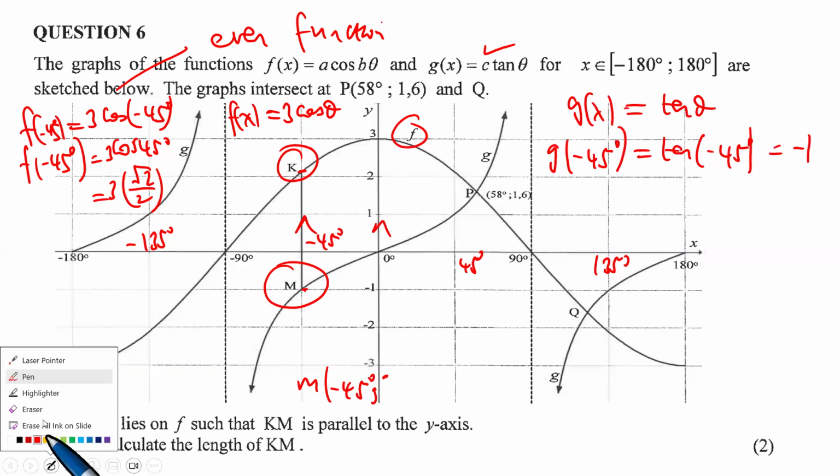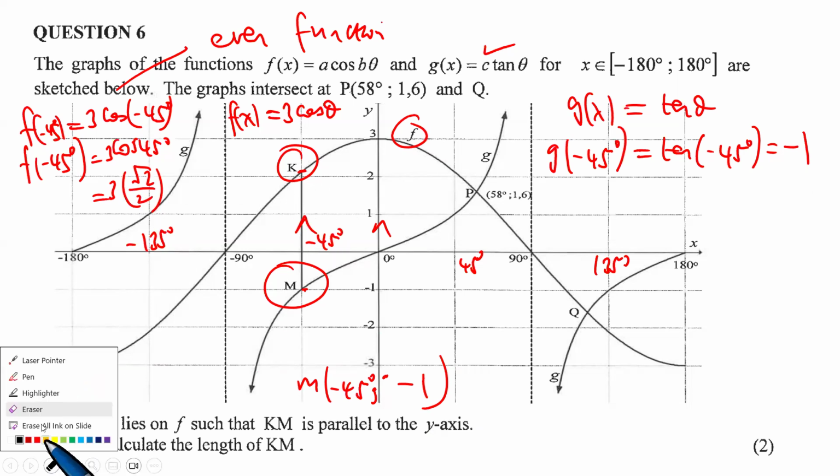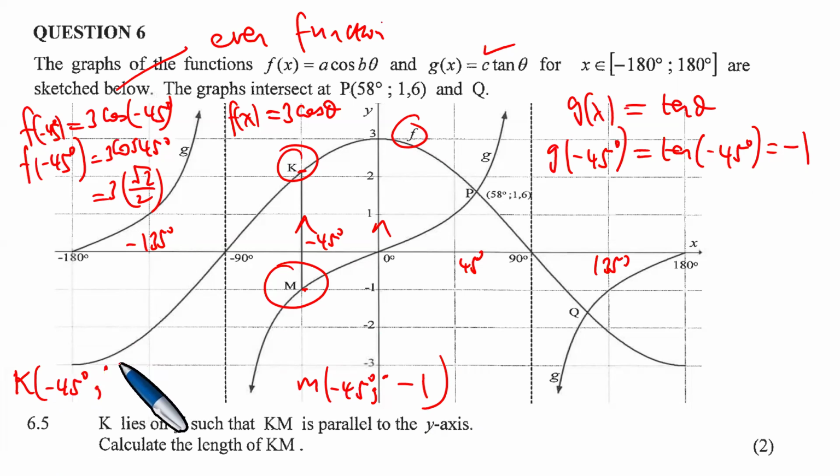Which is minus 1. At M it is minus 1, but at K we need to get it from this one. So at K, it is 3 square root of 2 over 2.